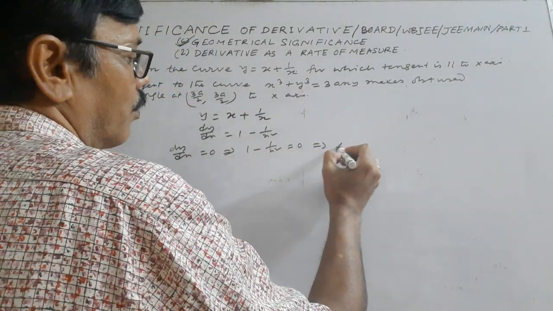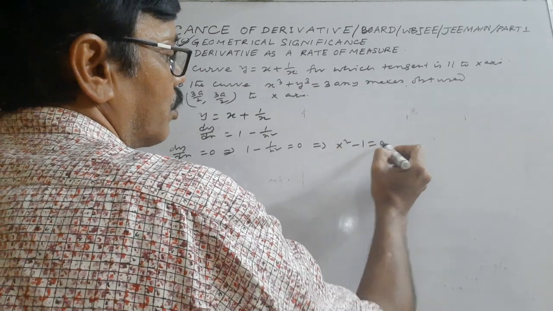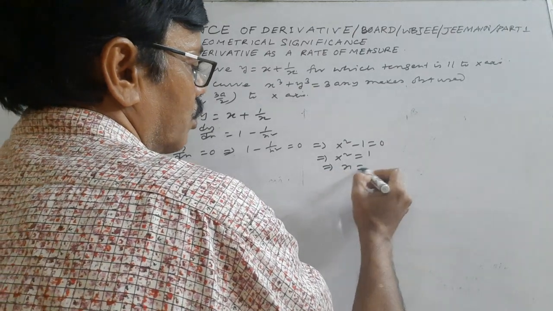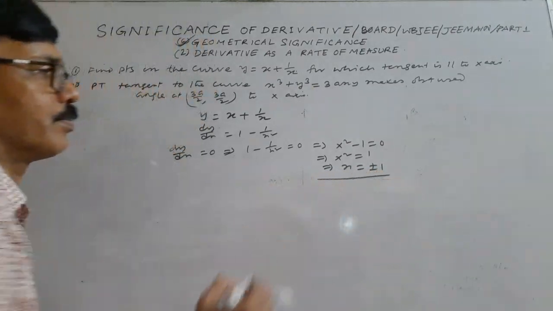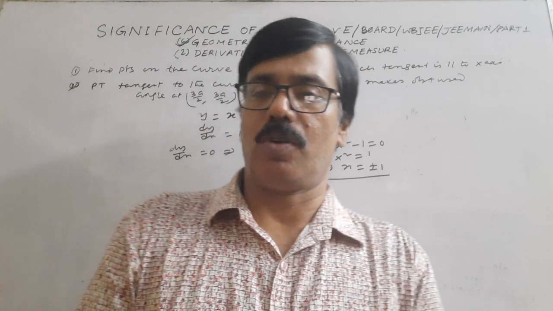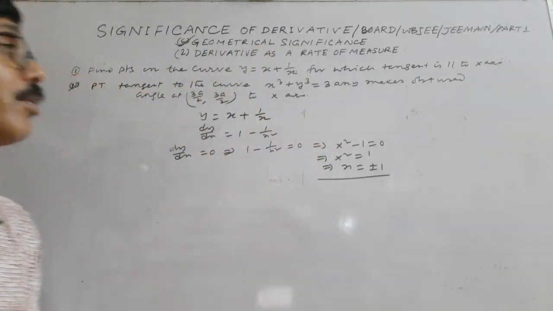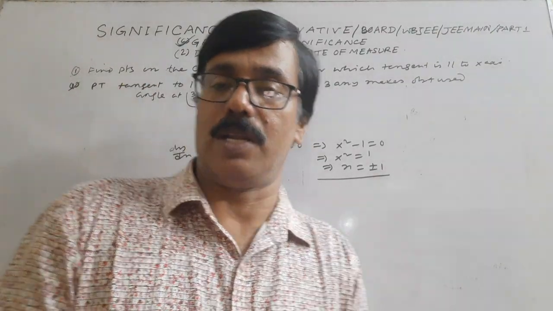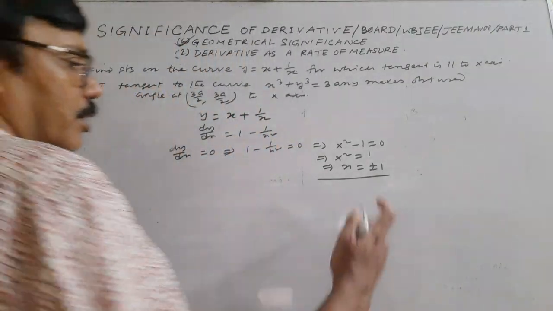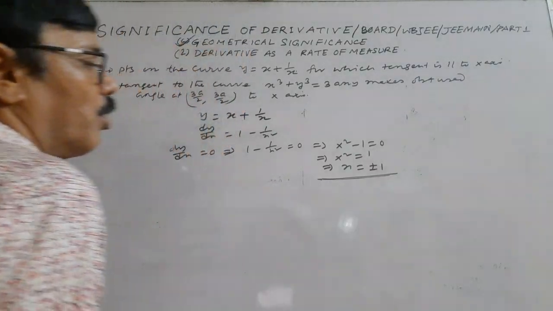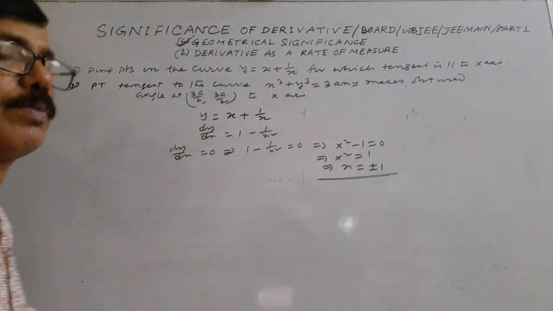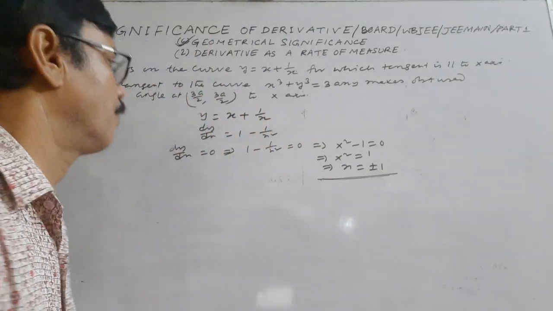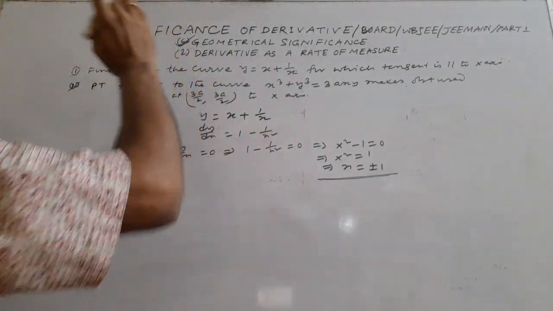So this implies x square minus 1 equals 0, so x square equals 1, x equals plus or minus 1. So we are getting the value of x. But listen, you have to find the coordinates of the point, x comma y, not just x. Some students write that for x equals plus or minus 1 the tangent is parallel to the x-axis, but you have to find the point.